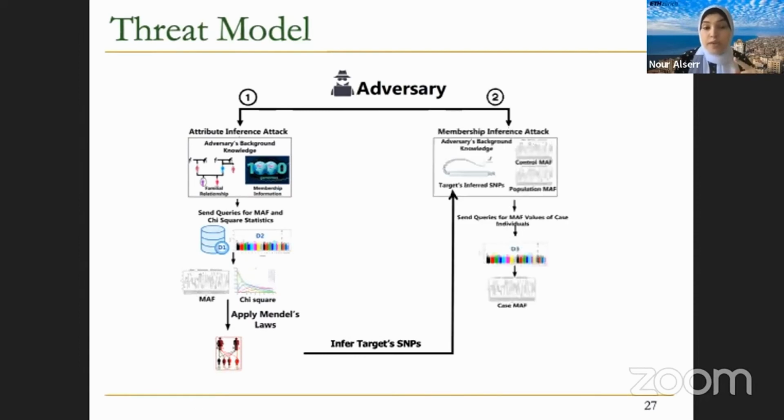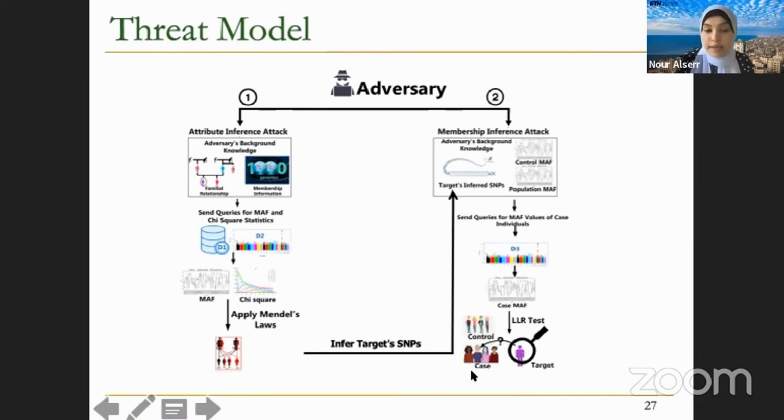Again, we use the inferred SNPs in another attack, which is the membership inference attack. And again, we try to find if that participant or that victim is in the case group. After receiving the MAF query results, we could decide whether the target is in the case group or not.